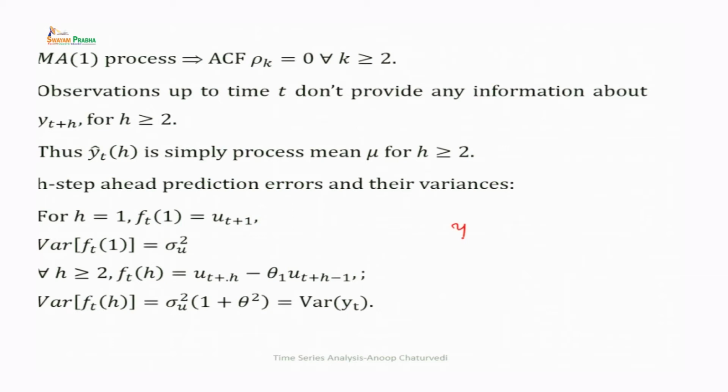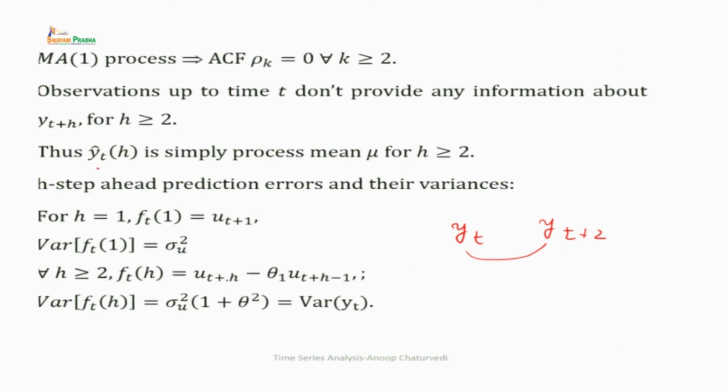Say y t and y t plus 2. So, y t does not have any information about y t plus 2. y t and y t plus 2 are uncorrelated. So, observations up to time t do not provide any information about y t plus h for h greater than or equal to 2.